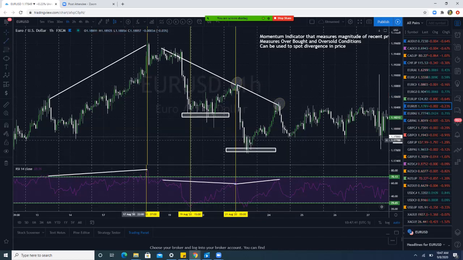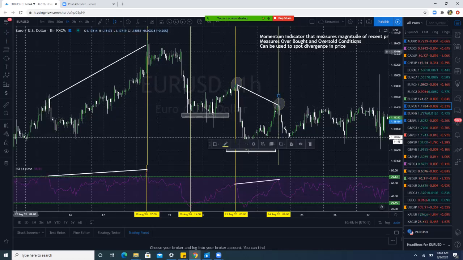So you see that price is making a lower low on the actual price chart, but on the RSI, price is making a higher high. At the same time price is making a lower low, the RSI is making a higher high. So this right here is divergence. That's divergence right there.